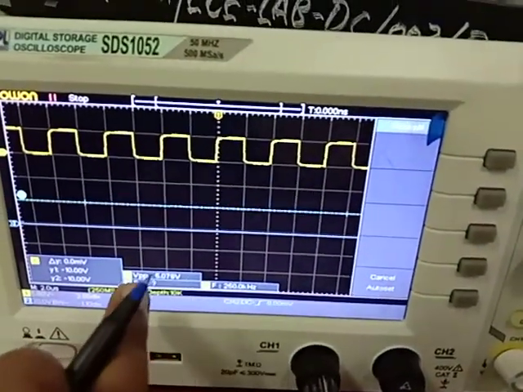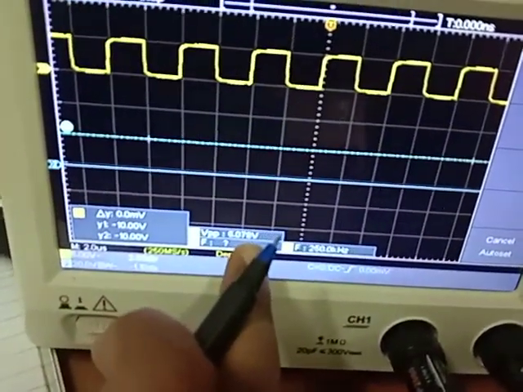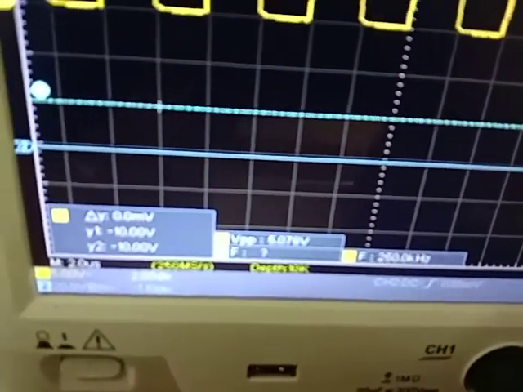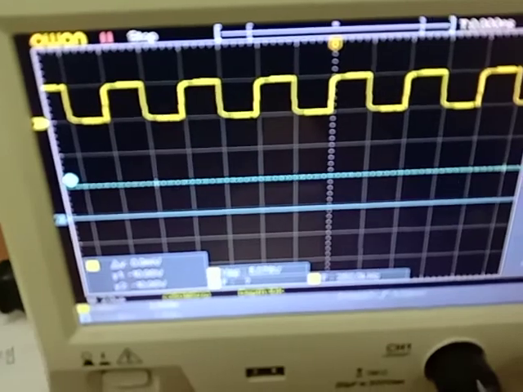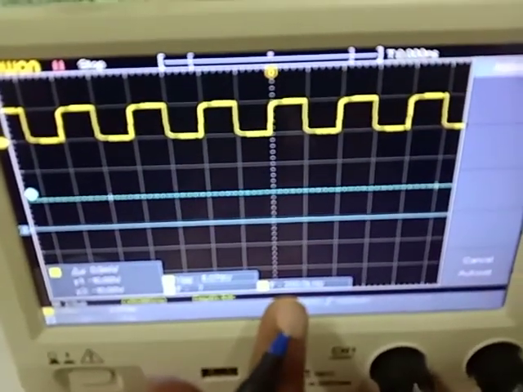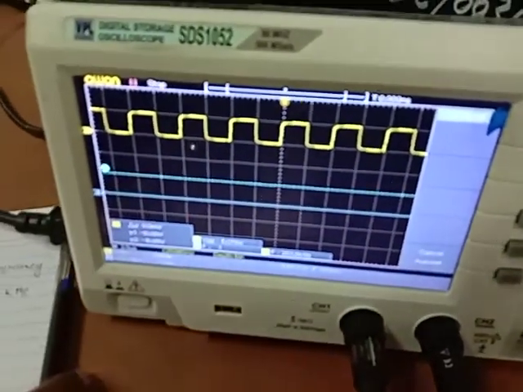Now you can see the amplitude is 5.078 volt. The amplitude of the clock signal is 5.078 volt and the frequency is 250.0 kilohertz. That means 250 kilohertz is the frequency of the clock signal, and the clock signal looks like this.